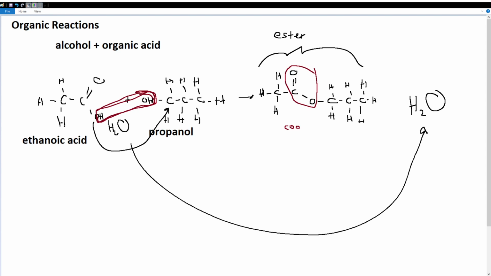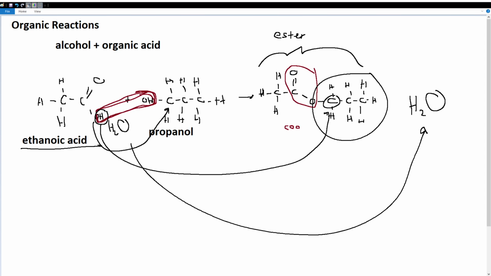And the way you would name this would be, you would take the compound or the molecule that is substituted for the hydrogen in the organic acid. So you see how this hydrogen in the organic acid, you could say, was replaced by this carbon. You would name this side first. So this would be propyl.